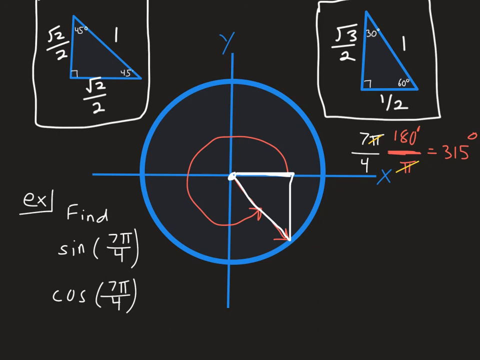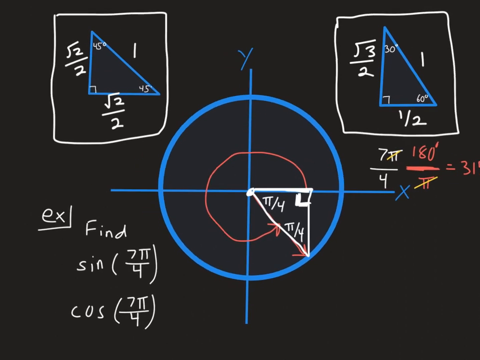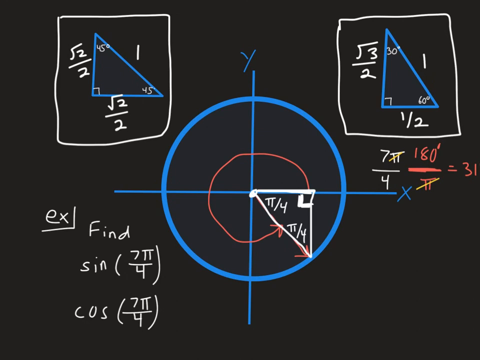You could call it 45 degrees or π/4 radians. They're the same thing, just two different systems. And you could call this π/2, or just write this little rectangle there to say 90 degrees or π/2. Now I'm thinking about which triangle cheat sheet to use. This is the 45, 45, 90, which is the same as the π/4, π/4, π/2 triangle. So I'm going to be using that one.